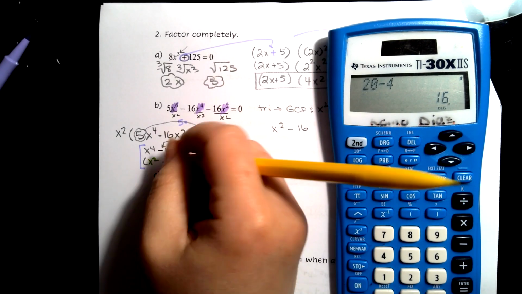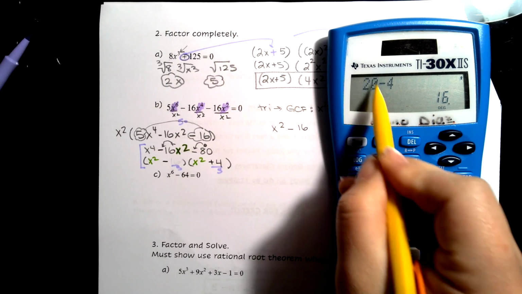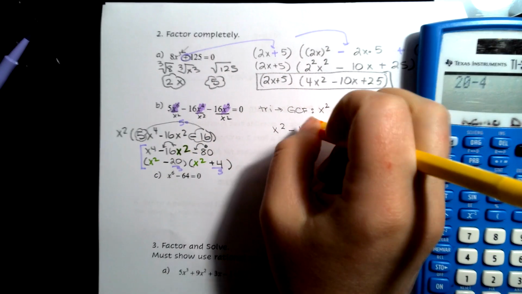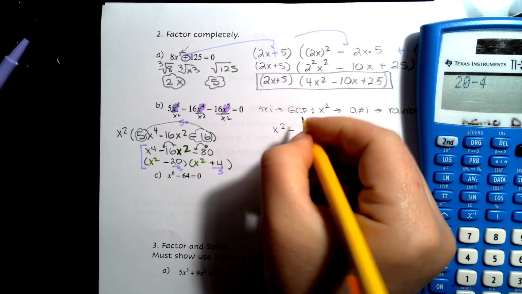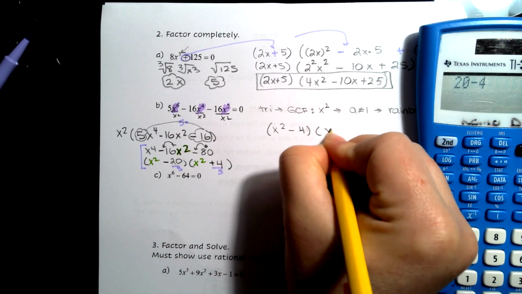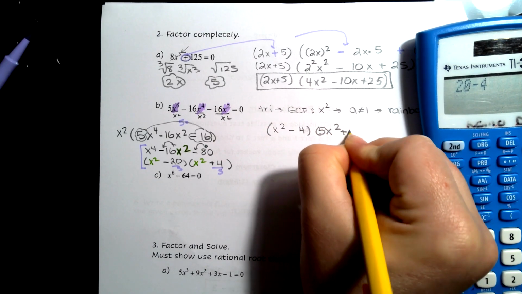Oh, I see. I'm like, something's not right. Should be 20. I wrote the wrong number. 20 right here. 20. There we go. That's better. So 20 divided by 5 is 4. That works. And then x squared, we get 5x squared plus 4.